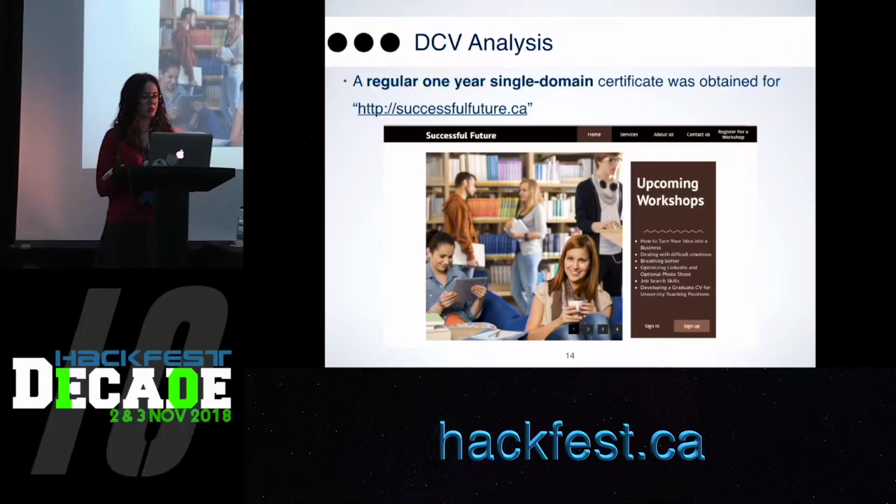It was great from the usability perspective, but from the economic perspective, of course, it's not easy and it takes a lot of steps. Nowadays, email-based is the most popular way of doing domain control validation, in which the CA sends a secret validation token to some email address they assume is controlled by the domain owner. And if the domain owner can access this email, the verification is done.